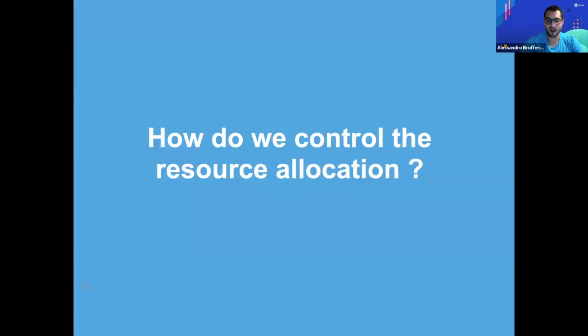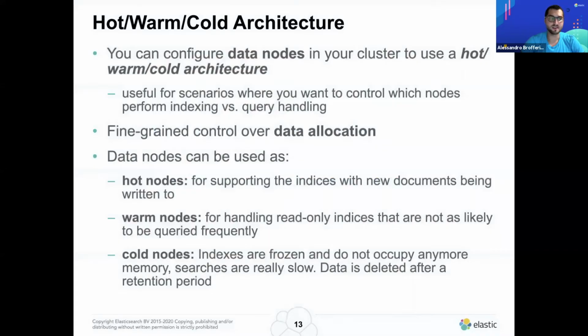And then the other challenge that we had to face was, how do we control the resource allocation? How can we optimize the storage of our cluster in order to properly put the indexes and their data on the nodes that can better handle our use cases? So the idea here is to define a so-called hot, warm, cold architecture. You may have heard about this already if you have read blogs about Elastic.